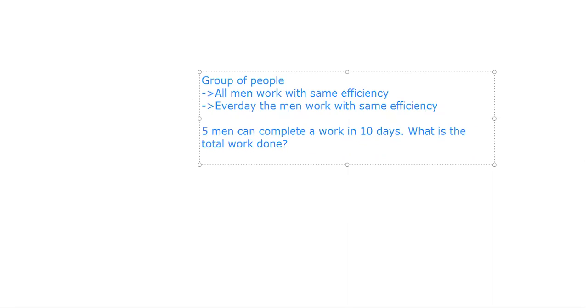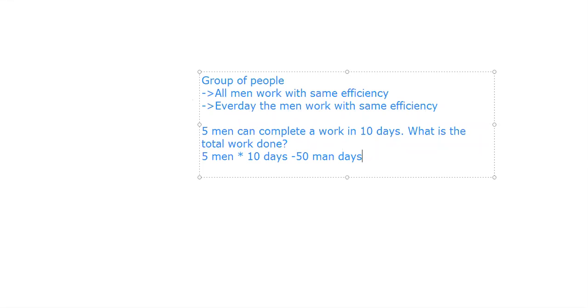Now, if you refer to any other books, they would have given it as 5 men into 10 days equals 50 man days. What do you mean by 50 man days? So 5 men times 10 days gives you 50 man days. Okay, this is what they would have put if you refer to any of the books.